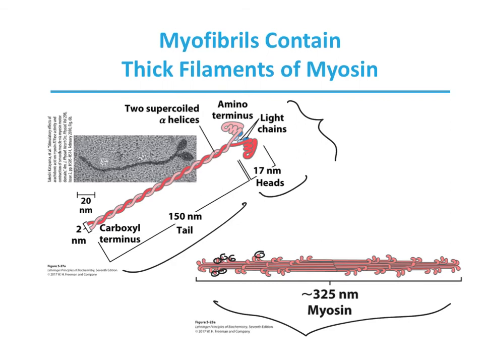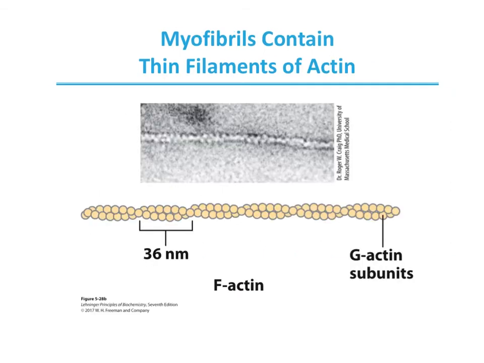The myofibrils also contain thin filaments of actin, so actin is the second protein. F-actin is an assemblage of G-actin monomers that polymerize two by two, giving the appearance of two filaments spiraling about one another in a right-handed fashion.